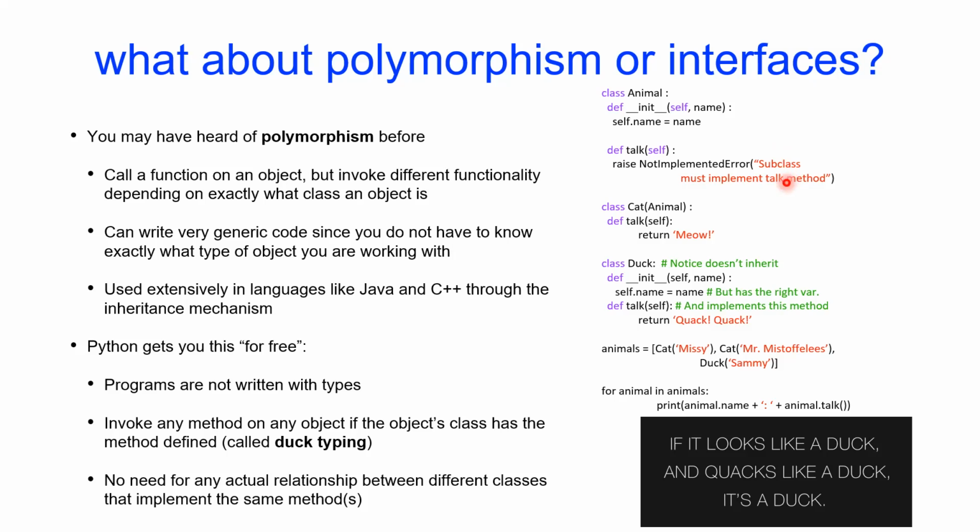That means if you inherit from me, you have to have an implementation called talk. Okay. So now I will have a cat. A cat inherits from animal, and then I define a talk. Then I return meow.